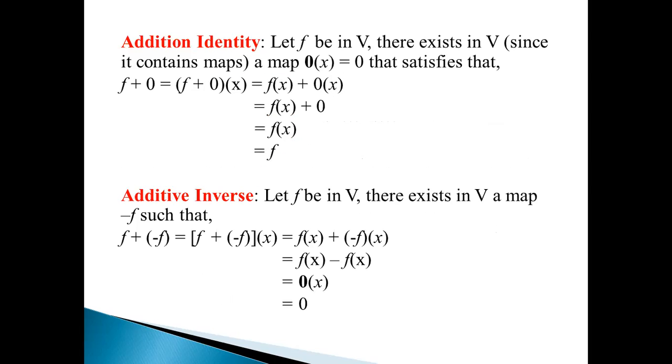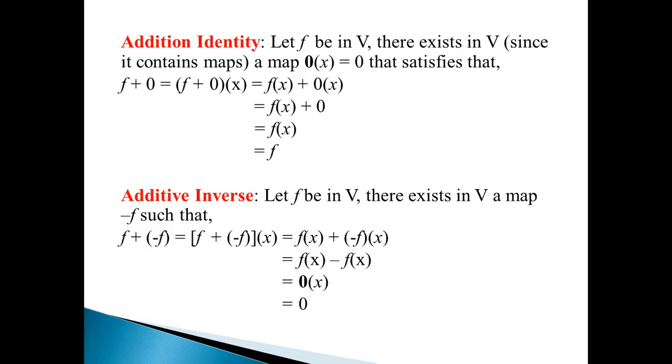For the addition identity, what is required is to show the existence of a zero map, in other words, a map that will not change any other map when added to it. We know that such a map exists and is called zero of x, which is zero, satisfying f plus zero equals f, considering the definition of addition we are given.